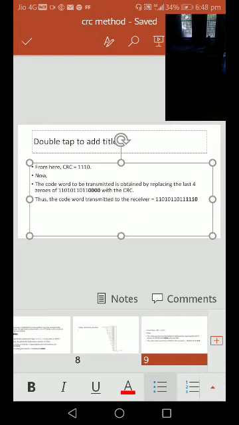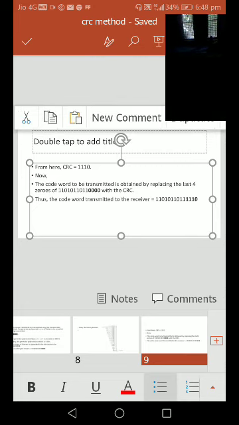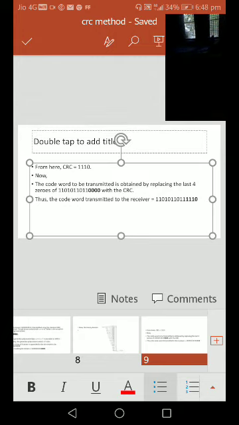We have to collect the data bits, obtained by replacing the last four zeros of 110101111. Then the four zeros are added.